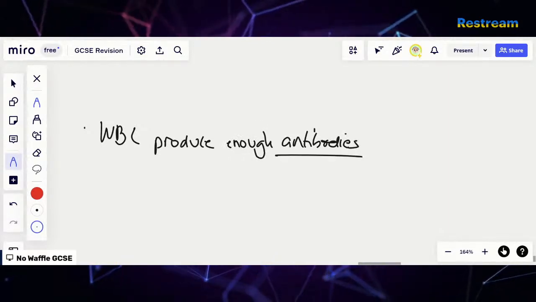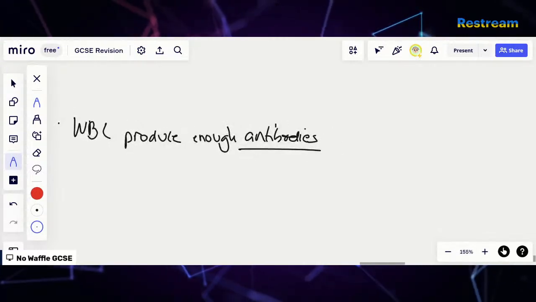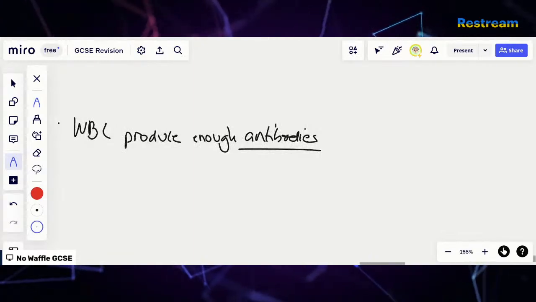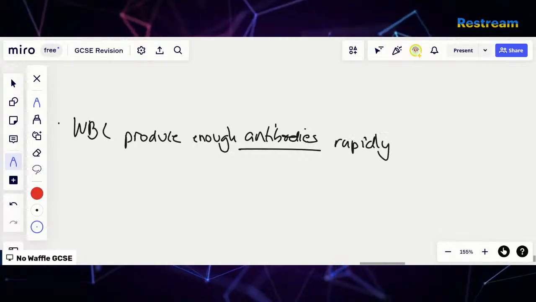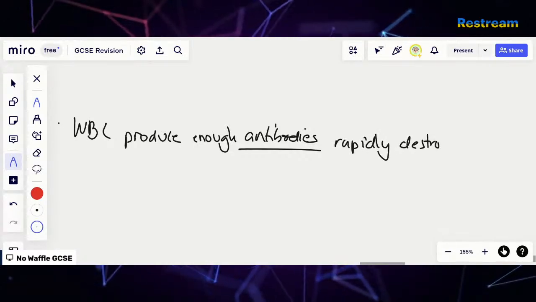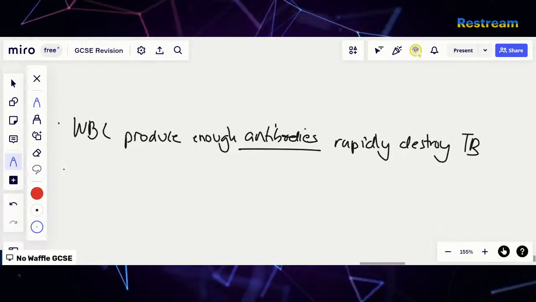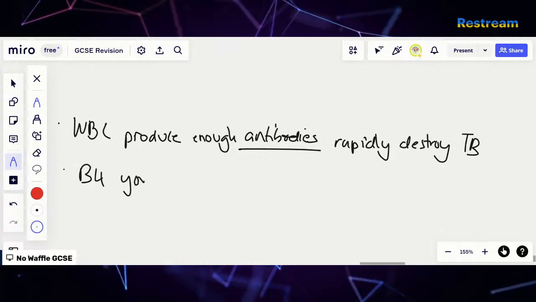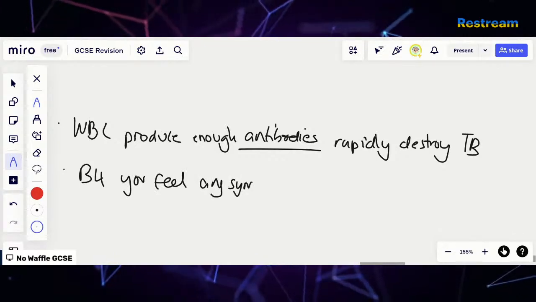Remember, antibodies work against the antigens, so against the antigens of the TB. So the white blood cells produce enough antibodies, which then rapidly destroy the pathogen. So in this case, rapidly destroy the TB. And this happens before you feel any symptoms.